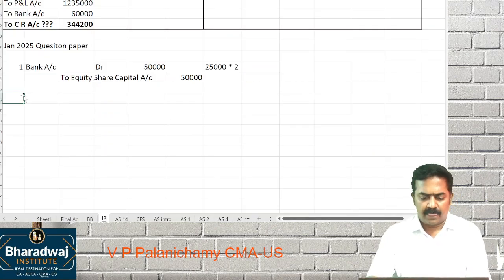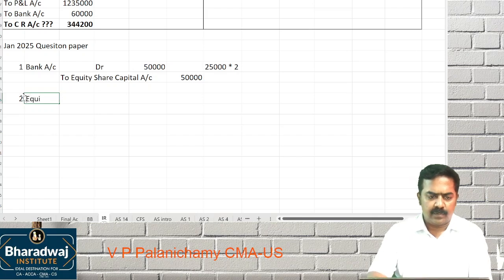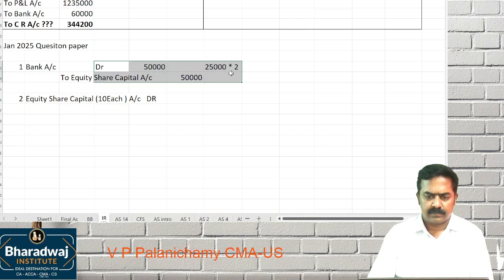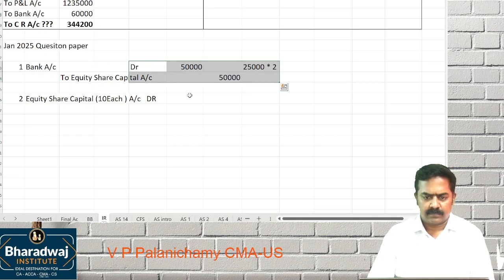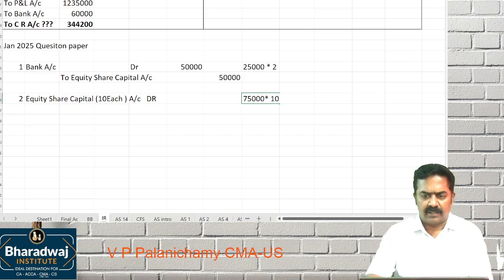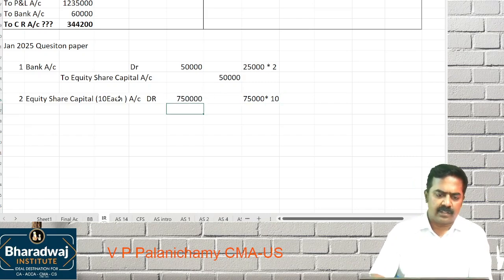So start: equity share capital account debit, 75,000 into 10, 7,50,000, to equity share capital.